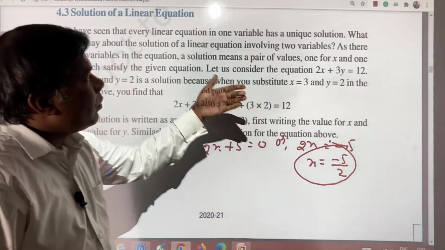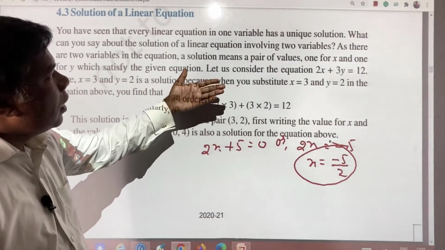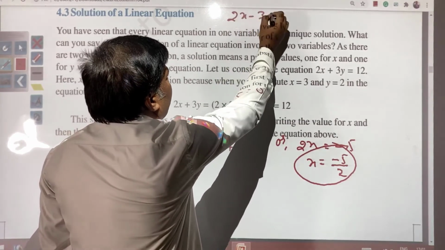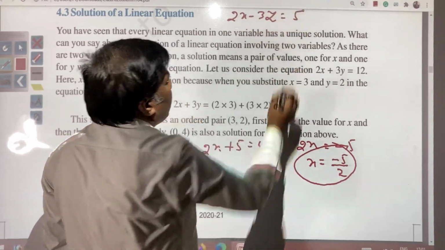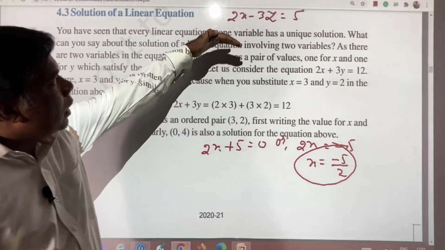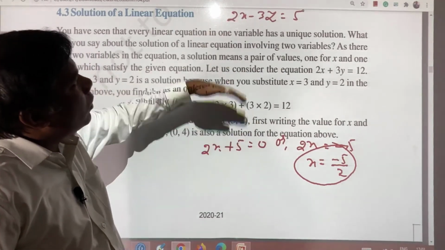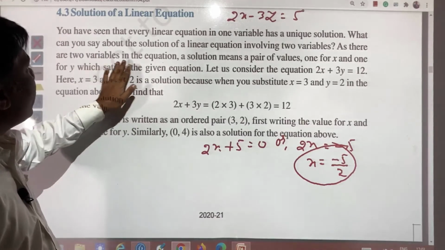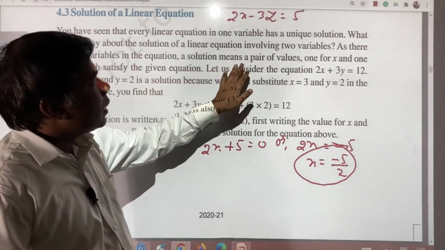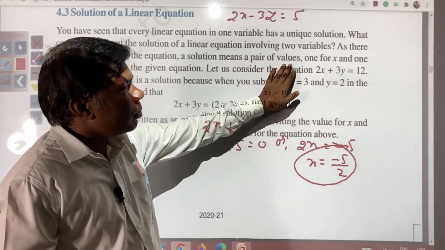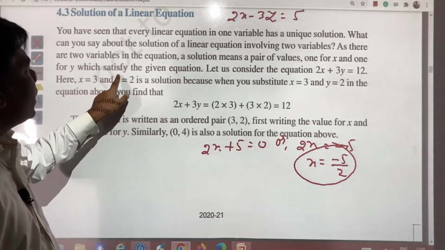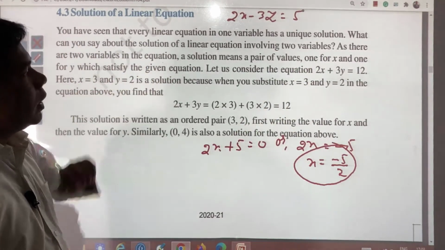So suppose if two variables are there, any equation you have, suppose 2x - 3y = 5. Or in the same way, if any other equation you have of two variables. And there are two variables in the equation, a solution means a pair of values. One for x and one for y, which satisfy the given equation.